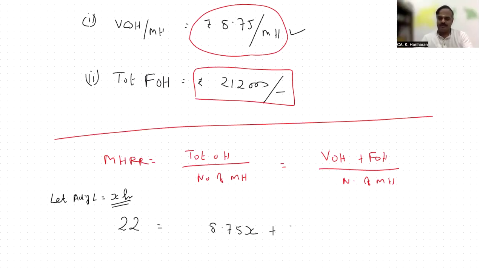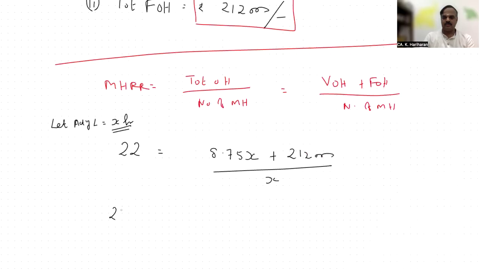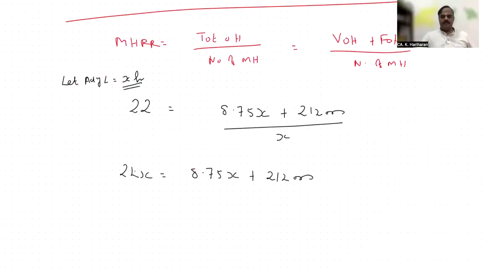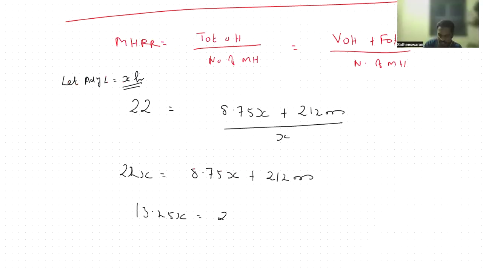Therefore 22x is equal to 8.75x plus 2,12,000. 22 minus 8.75 is 13.25. So 13.25x is equal to 2,12,000. Then x is equal to how much? 16,000.